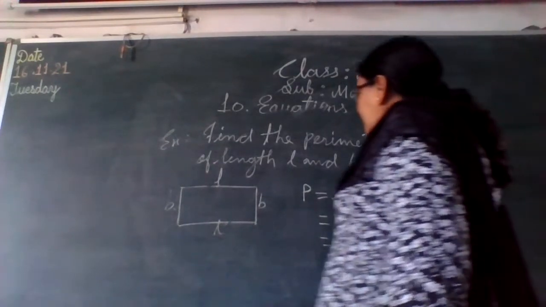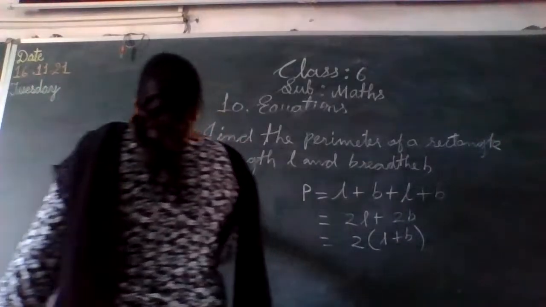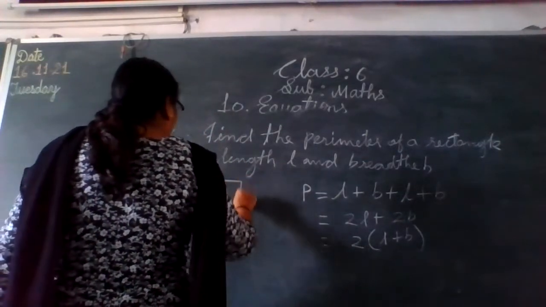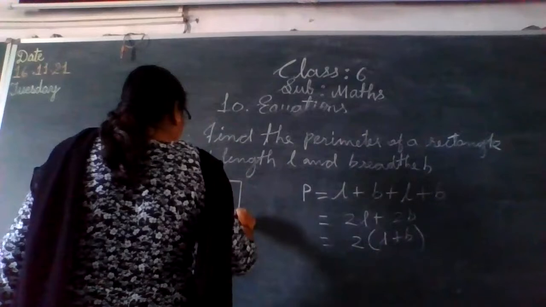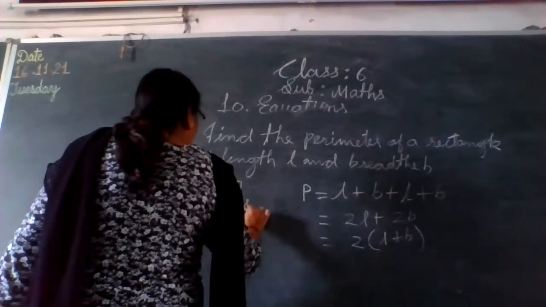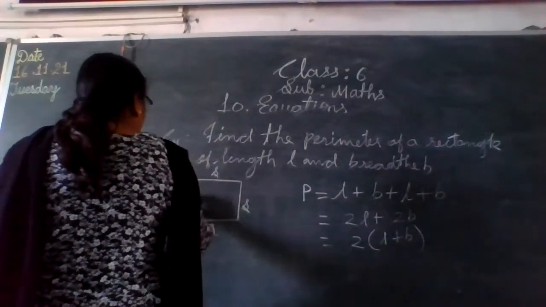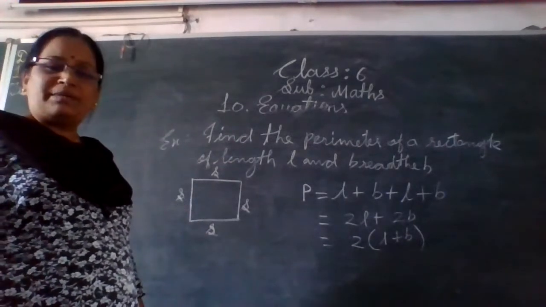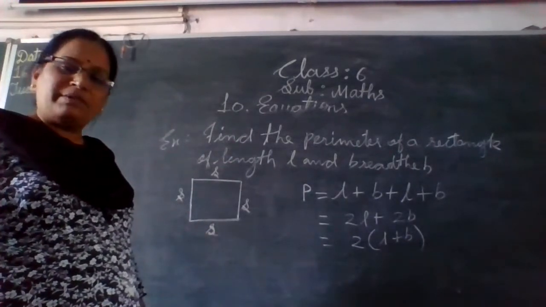Okay, so if it is a square, its sides are S, S, S, and S. Again, P is used to represent perimeter.